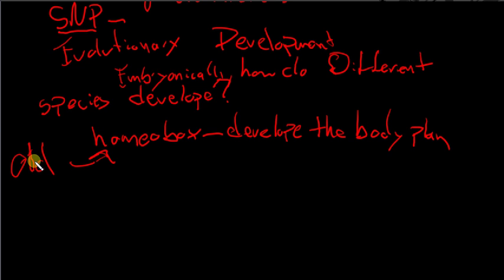Many of those homeobox genes encode transcription factors. So those that run transcription, that help us transcribe genes at specific locations.